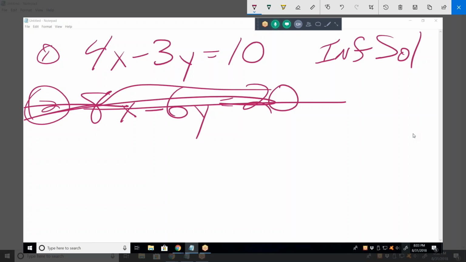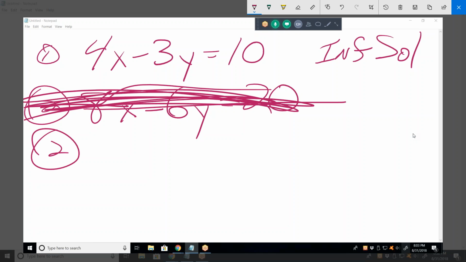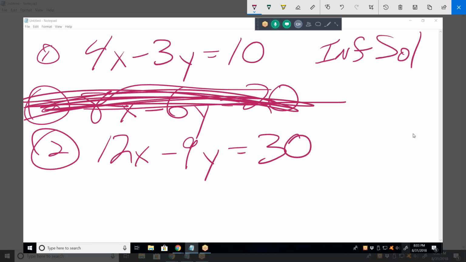In other words, if they didn't give me that, I could easily write it myself. I can multiply it by 3 if you like. It does not matter. If I'm just doing a multiple, that's not a new equation. And if I use any method that we've talked about to try to solve this, I'll get 0 equals 0.